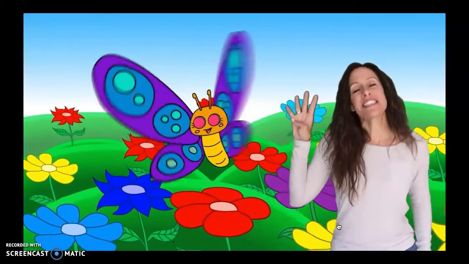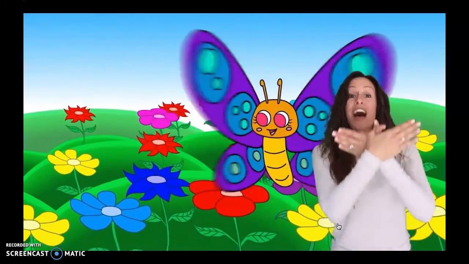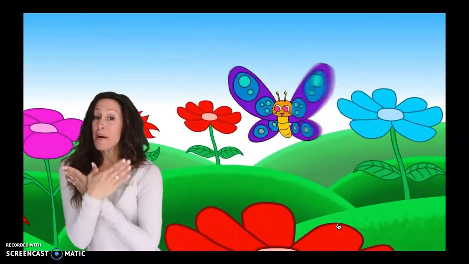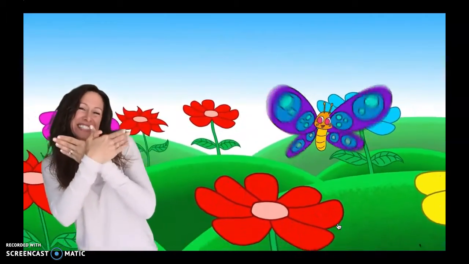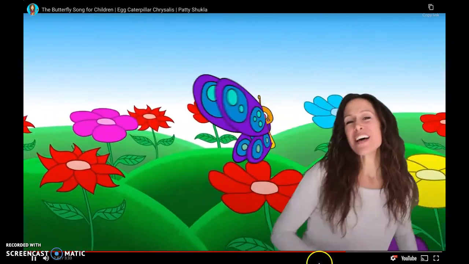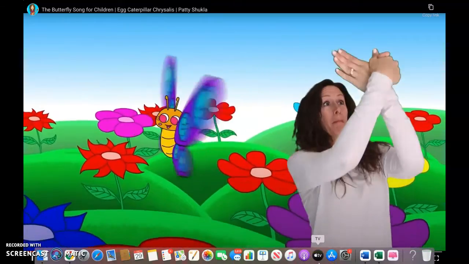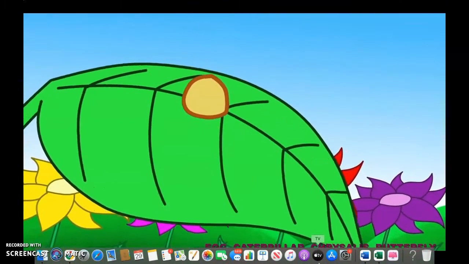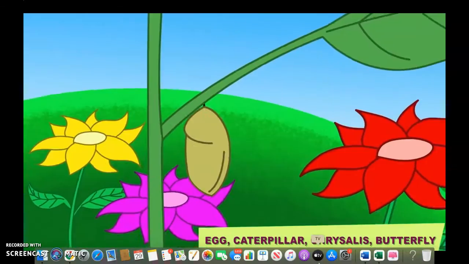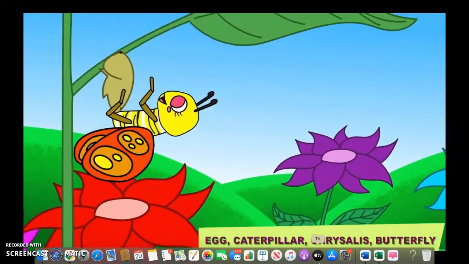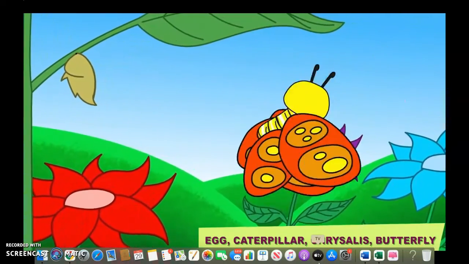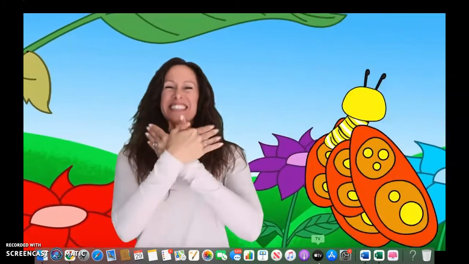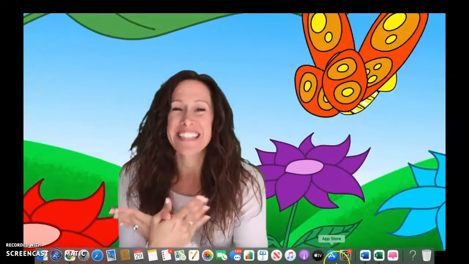There are 4 stages to the butterfly, and this is the butterfly dance. Egg, caterpillar, chrysalis, butterfly. This is the butterfly dance.